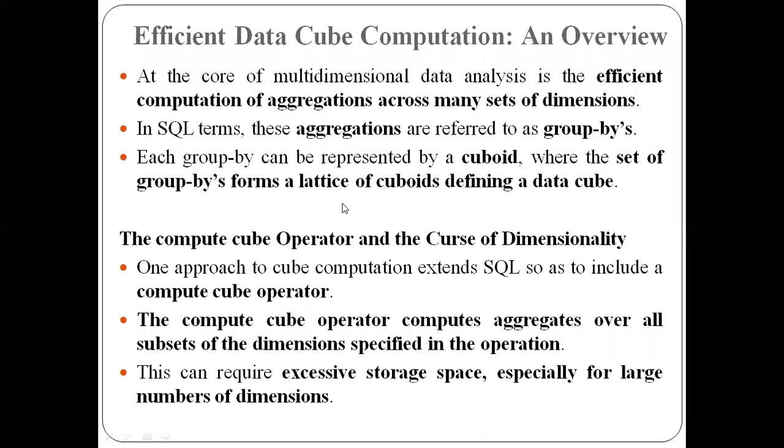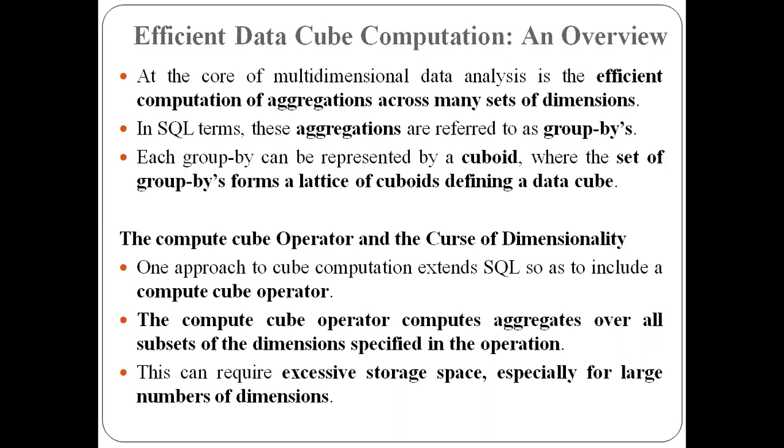If you have a set of cuboids, that set of cuboids is going to form a data cube. So a data cube is nothing but a collection of cuboids, and each cuboid stands for an aggregation operation performed for some set of attributes.